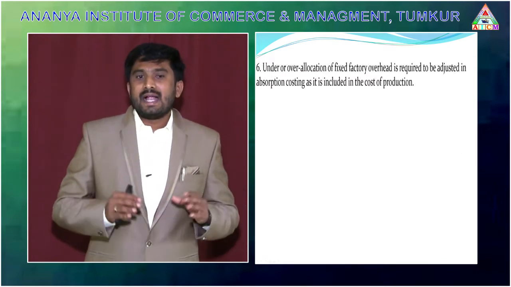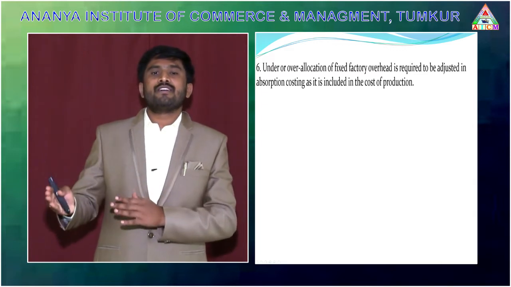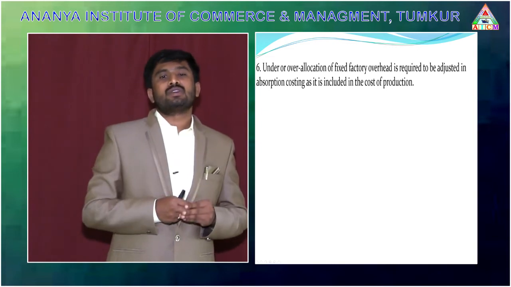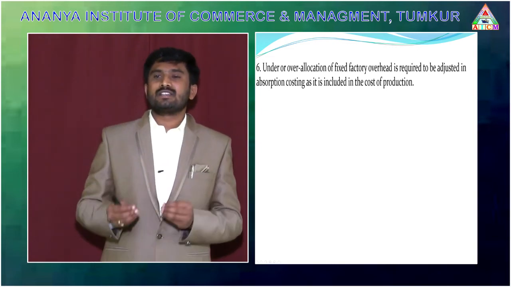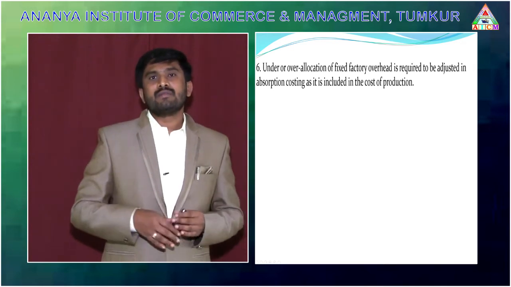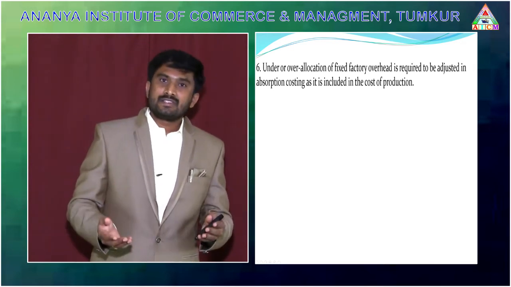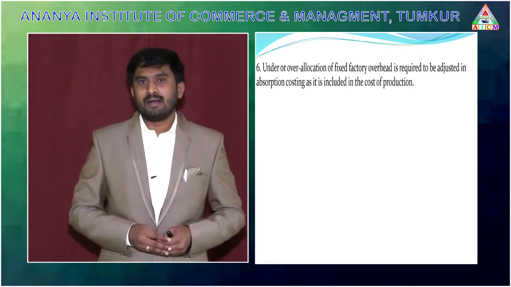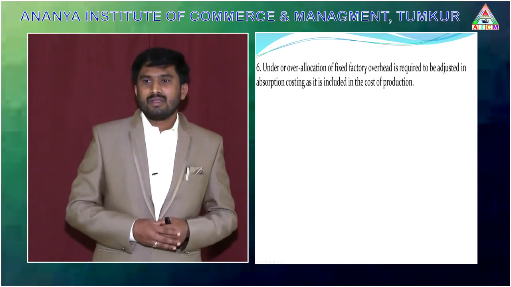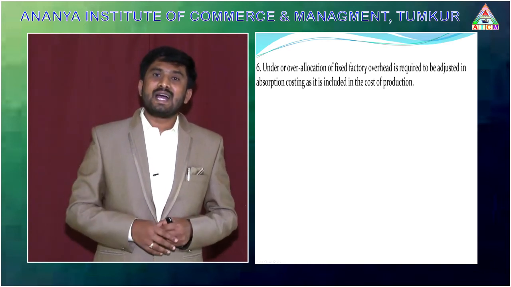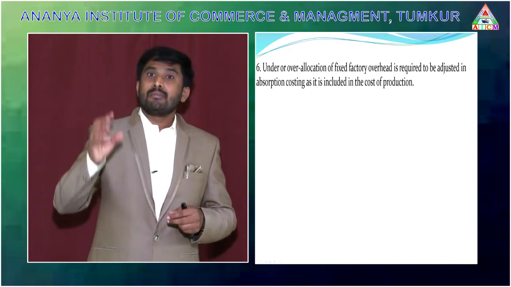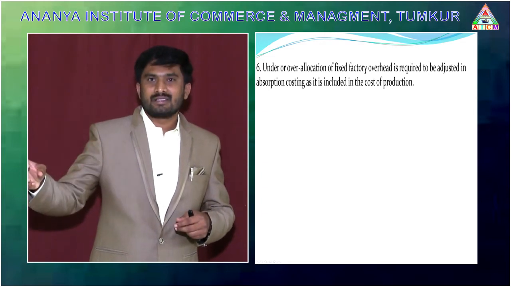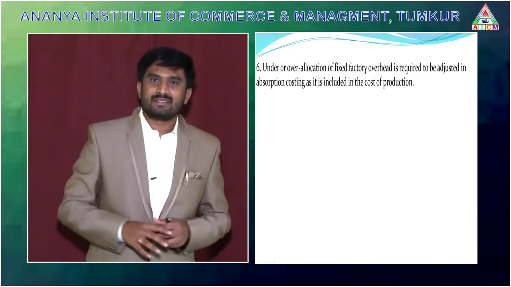There will always be under or over allocation of factory overhead, which is required to be adjusted in absorption costing as it is included in the cost of production. That means in absorption costing we can see over absorption and under absorption. Under absorption arises when our fixed cost is under absorbed in the manufacturing process. We set the fixed cost according to the normal capacity.